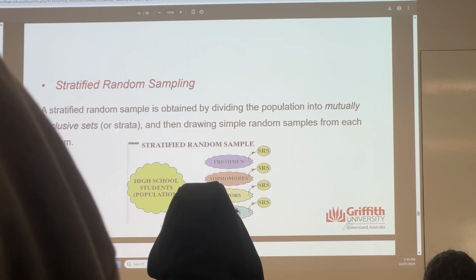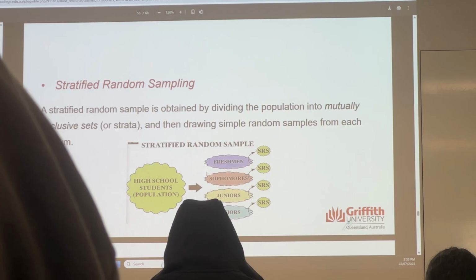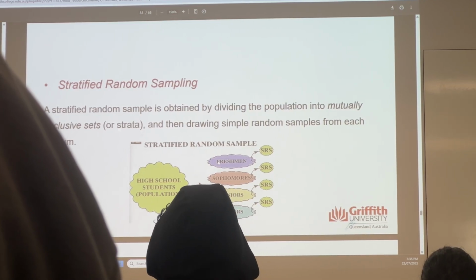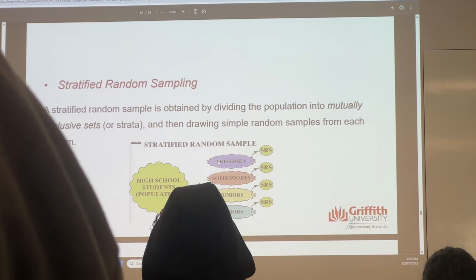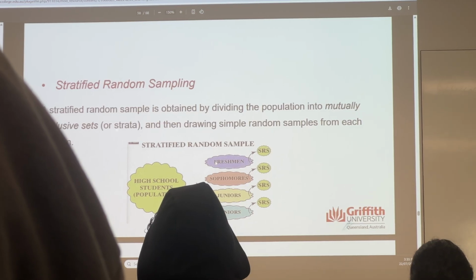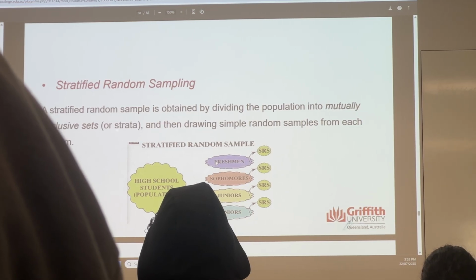For example, if you want to pick a sample from a school and you do it randomly, you might get only primary students. If you pick randomly, you might get only seniors.